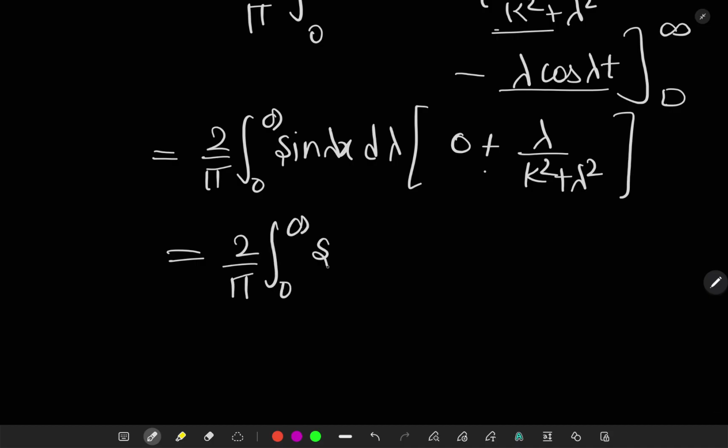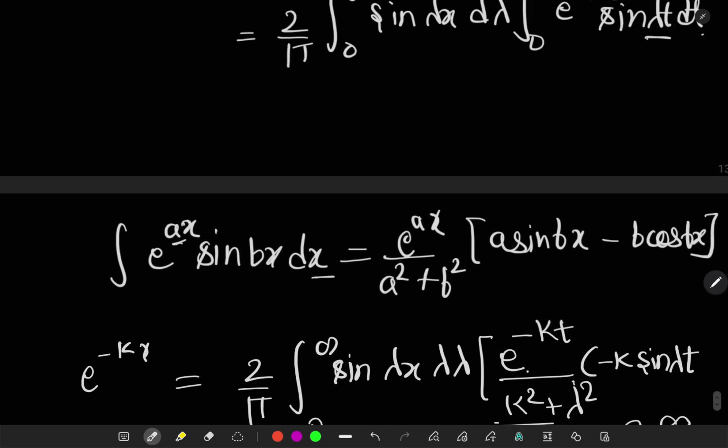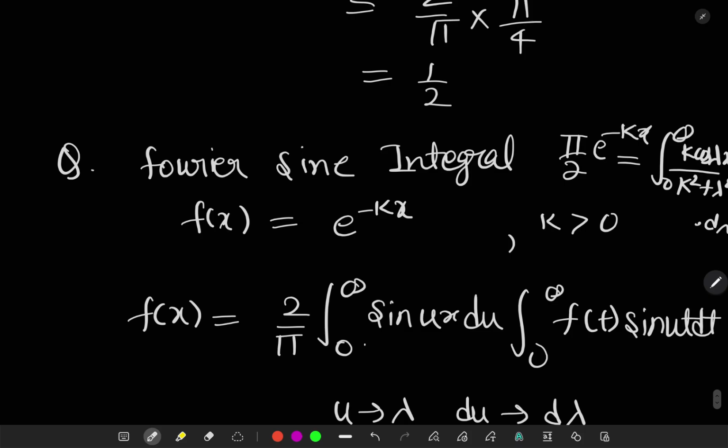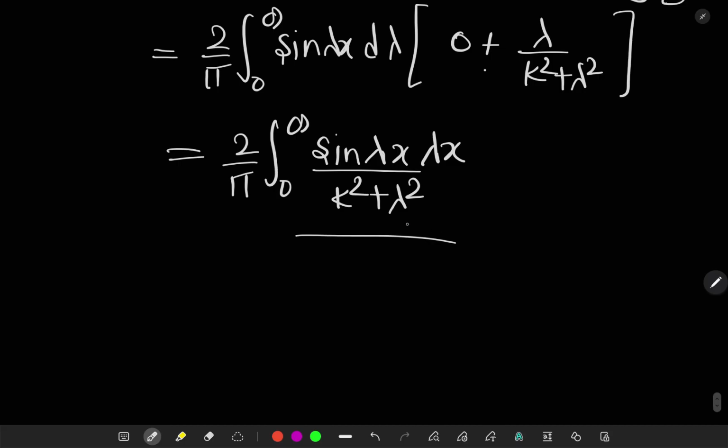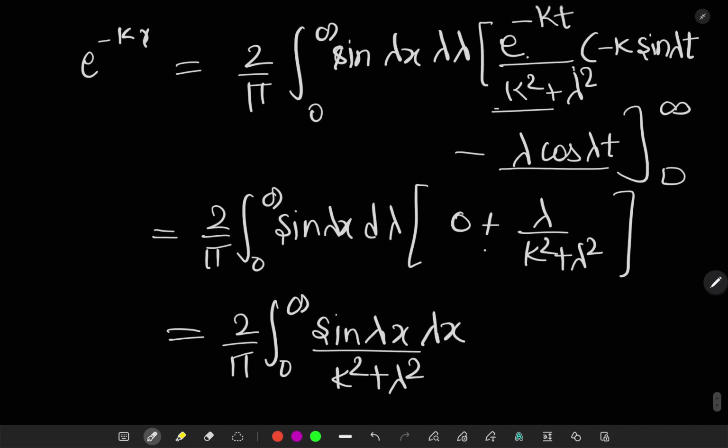Now as you can see here, we need to prove pi by 2 e raised to power minus kx equals to integral 0 to infinity k cos lambda x divided by k square plus lambda square dx. Here you can see this is that value and this is e raised to power minus kx.